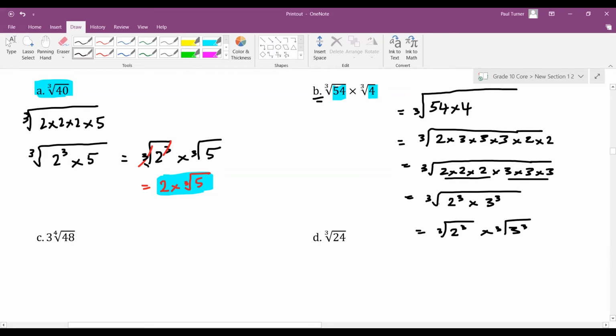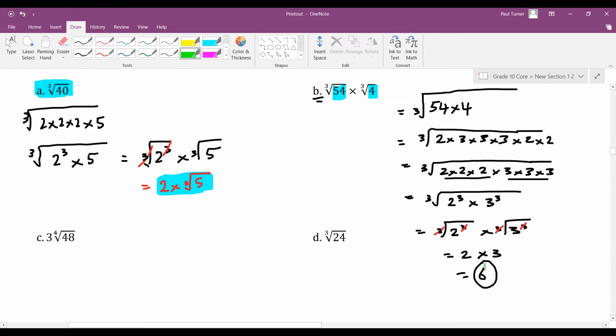We can separate because we have the common root. And the cube root of 2 cubed will be 2 because they will cancel out. The cube and cube root, and also the cube and cube root here will cancel. So you're going to get 2 times 3, which is 6 for the final answer. So you should have got 6 for that one.